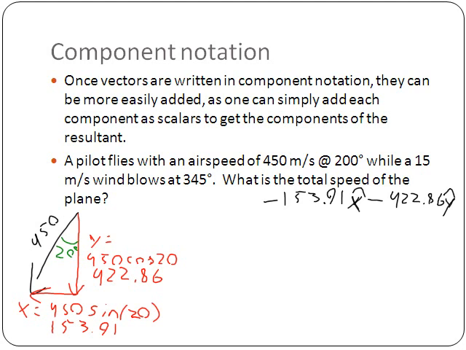The second vector is a 15 meters per second wind blowing at 345 degrees. I've got this vector right here, pointing up in this direction. It's at 345 degrees, which is 15 degrees inside of 360. If I draw out my components, we have a y component and an x component.